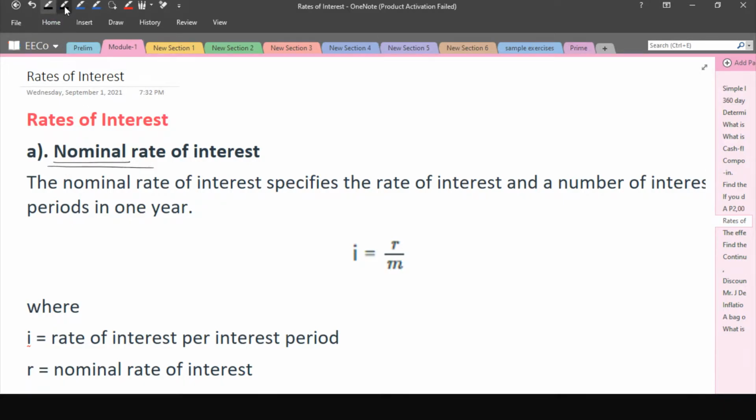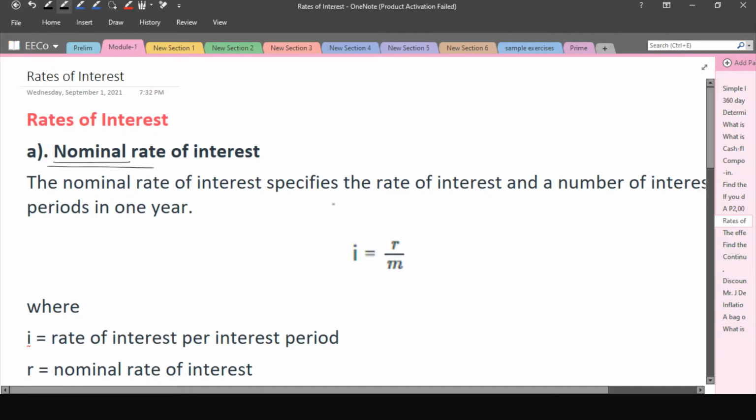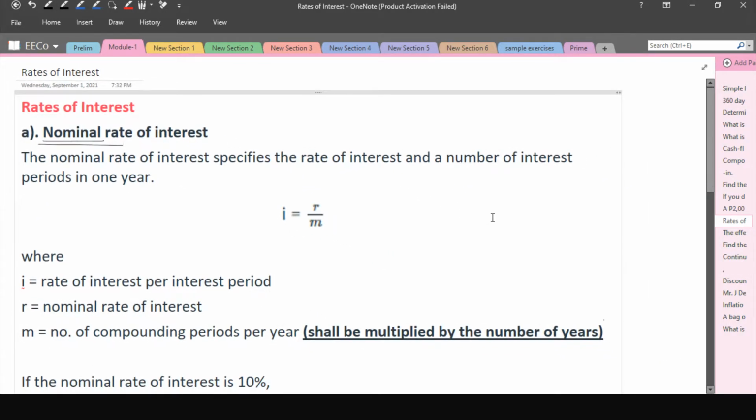So, the nominal rate of interest specifies the rate of interest and a number of interest periods in 1 year. Pag sinabi sa problem mo that the interest is compounded annually at 10%, that is nominal. Okay? And that is designated by this equation.